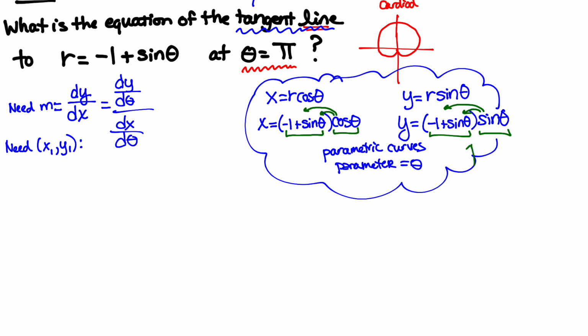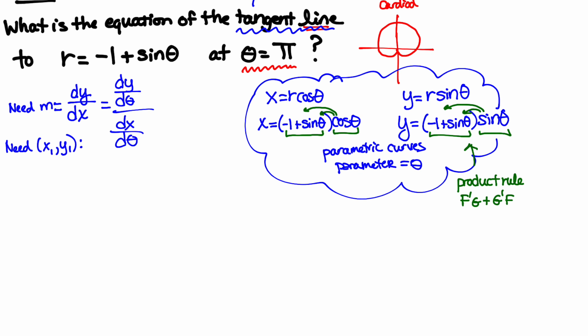Everybody, I'm just going to put a little note here. Let me summarize what Hannah, James and Dylan told me: we have a product, and therefore, because we're taking a derivative, we need the product rule, which says derivative of the first times the second plus derivative of the second times the first.